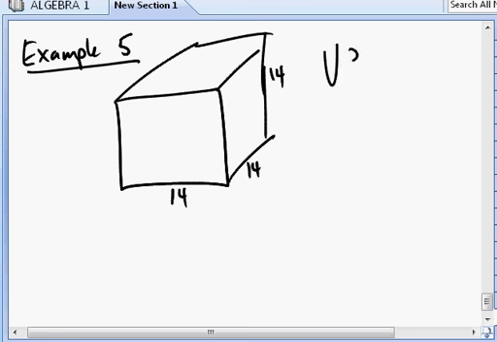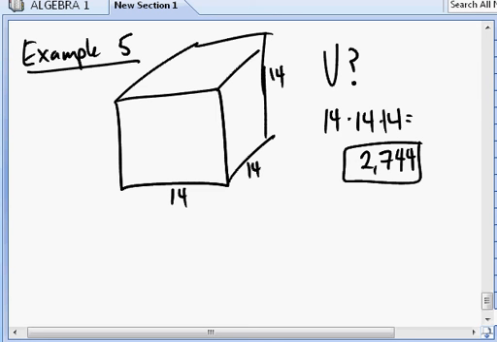What's the volume? 14 times 14 times 14, right? Which is 2,744. And you would write that as inches cubed.